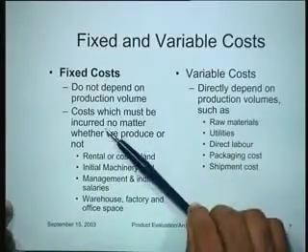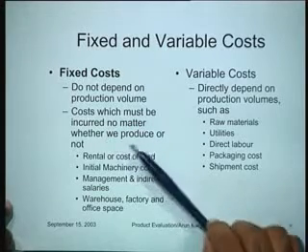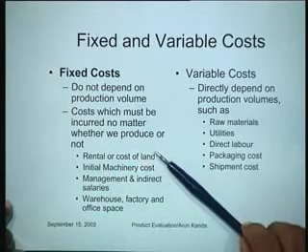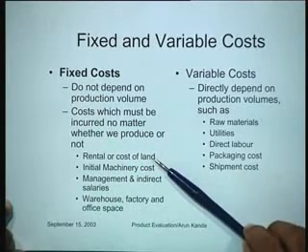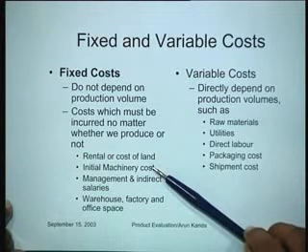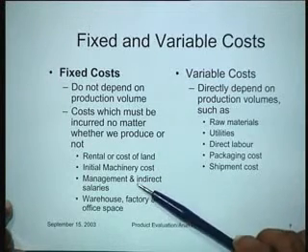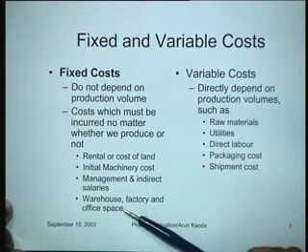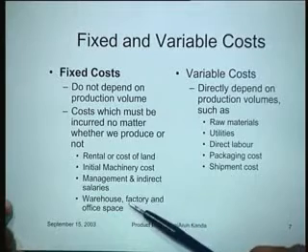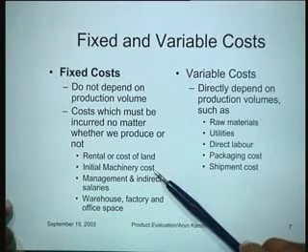Okay? So those are the costs which we call fixed costs. And these costs must be incurred no matter whether we produce or not. Some typical examples of these costs are rental or cost of land, the initial machinery cost, the management and indirect salaries, the warehouse, factory and office space. Costs for these will typically fall under what we call fixed costs.